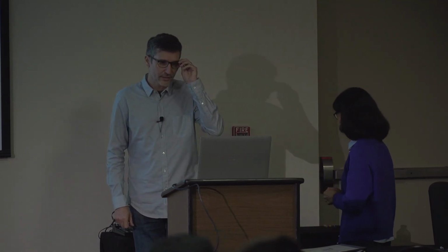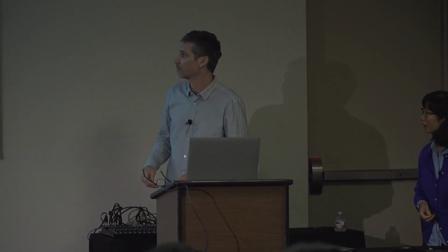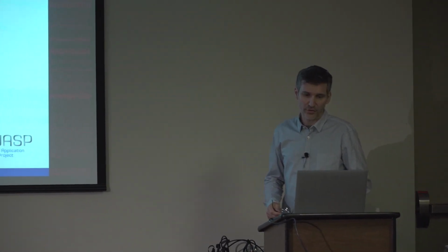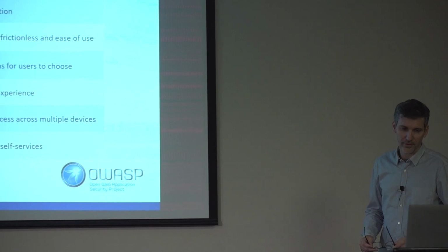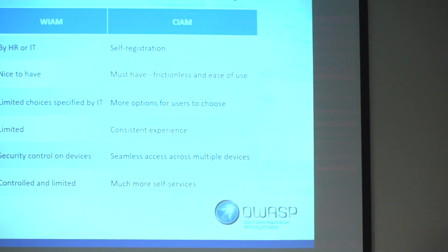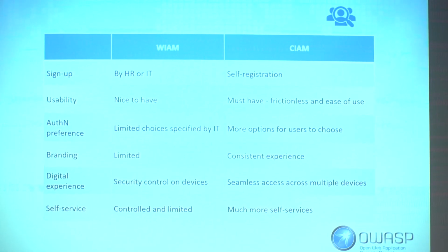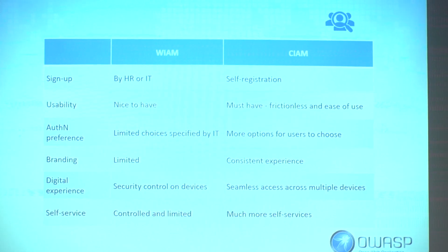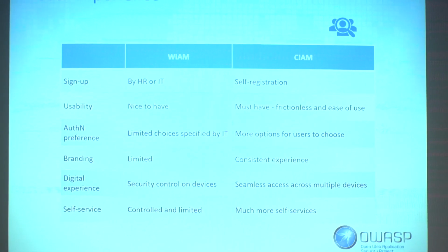Okay, and the last table continues summarizing the different items. It's basically about user experience. We talked about most of it, so I'll just highlight a few items. In the case of Workforce IAM, a lot of it is controlled by internal processes.